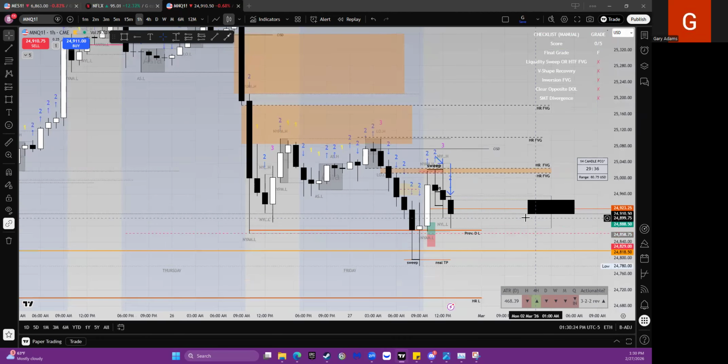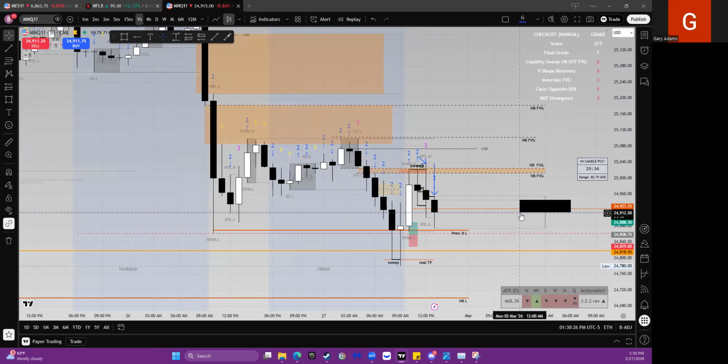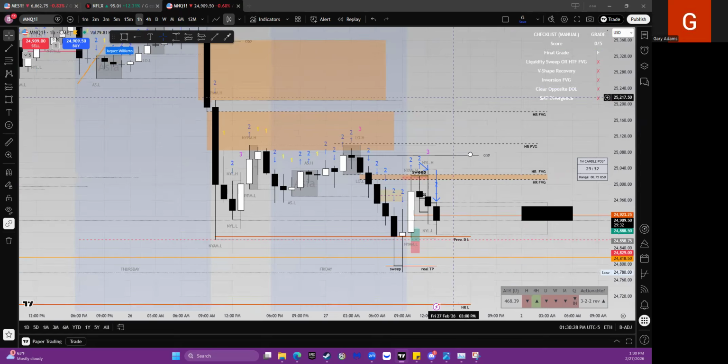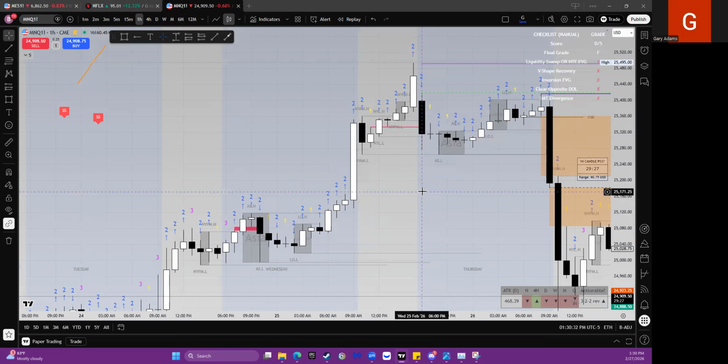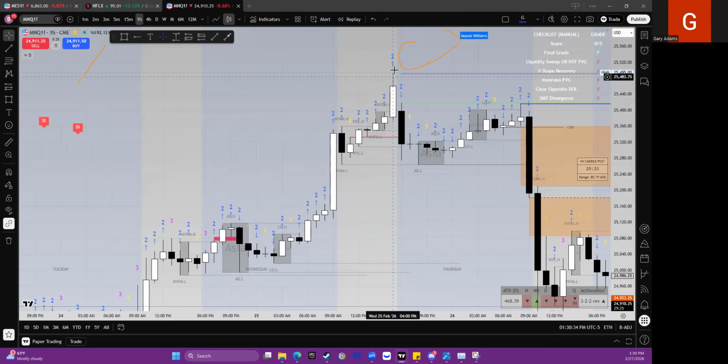Or you can just understand, like this two right here. You see how, for a person trying to trade this, they'll see okay, this is your most recent high.